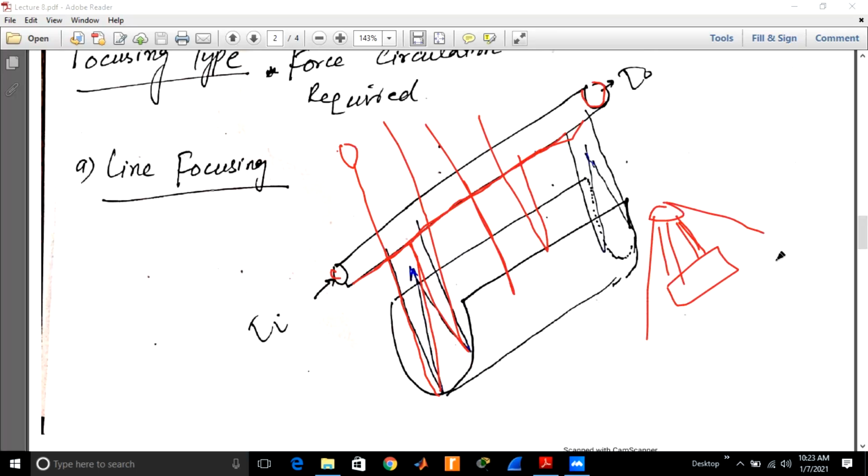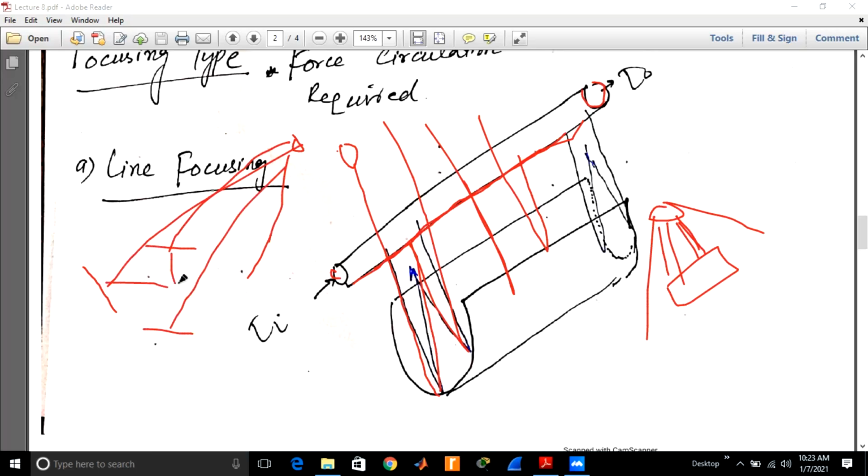But here we will do something. For example, in the case of a solar steam turbine, there are reflectors, and the sun rays fall on this area, either on this mirror, or on this mirror.